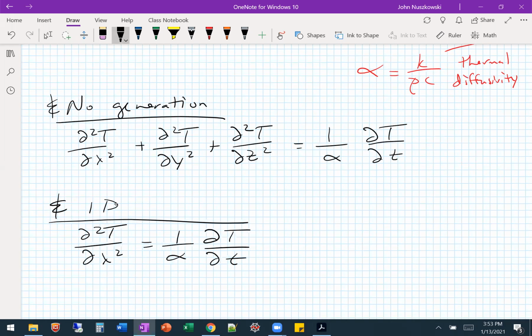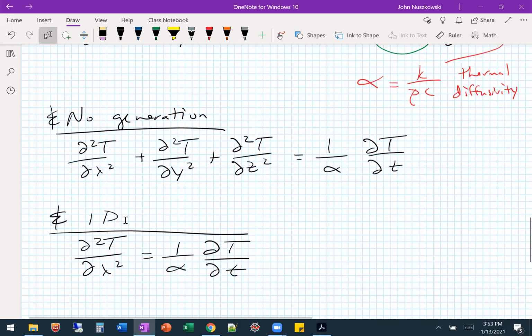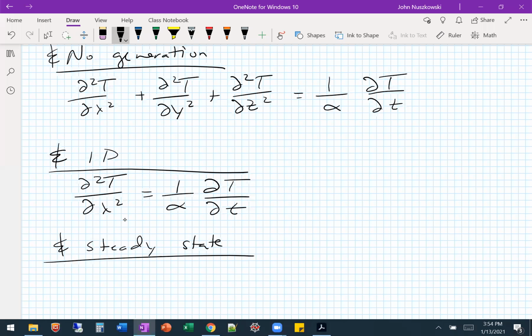So we have that. Now let's say constant properties, no generation, 1D, and steady state. Then we have this.